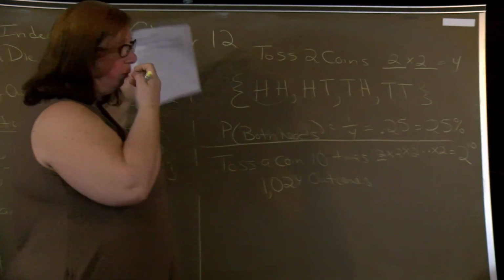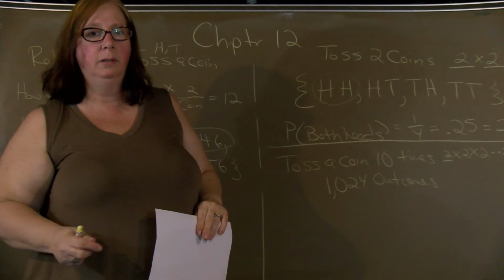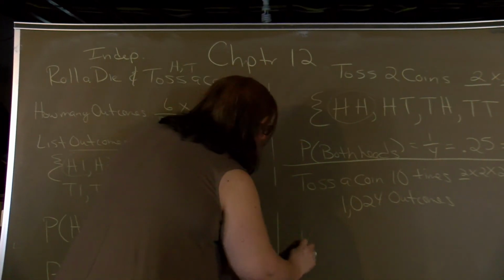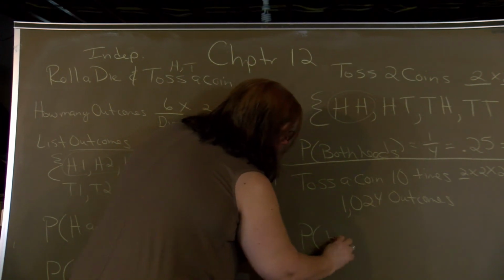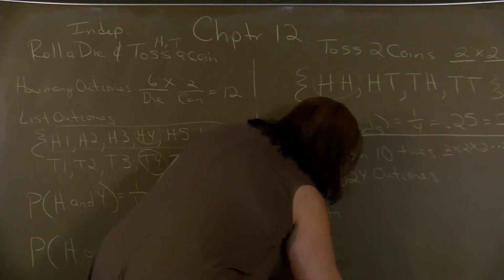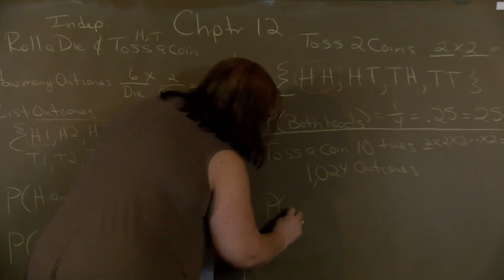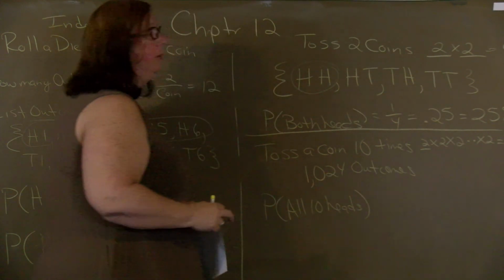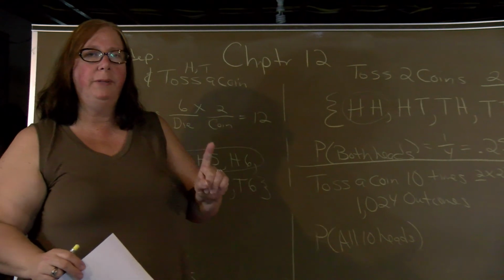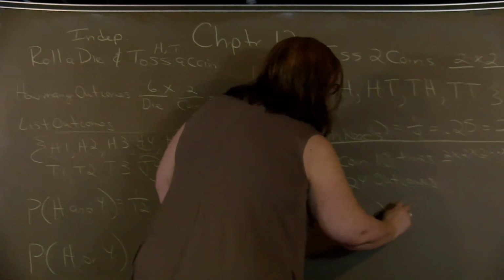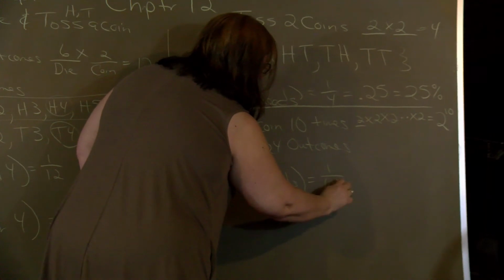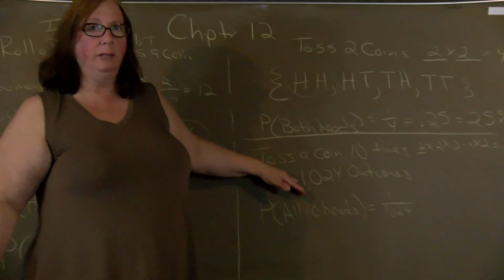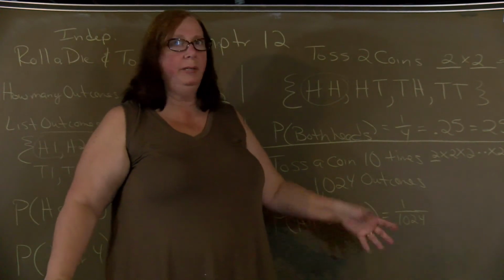So there's a possibility of 1,024 outcomes. I don't think I want to list all those. So if we were finding the probability of all heads, not just both, the probability that all 10 of them are heads, well, there's only one way for that to come out. So it's 1 out of the 1,024.